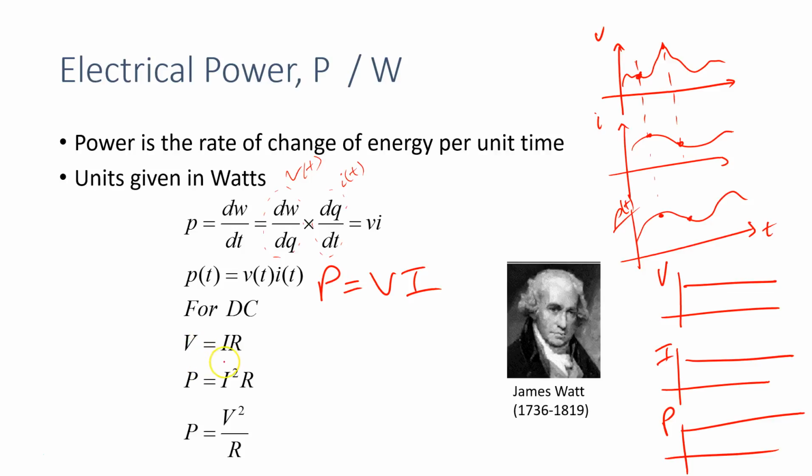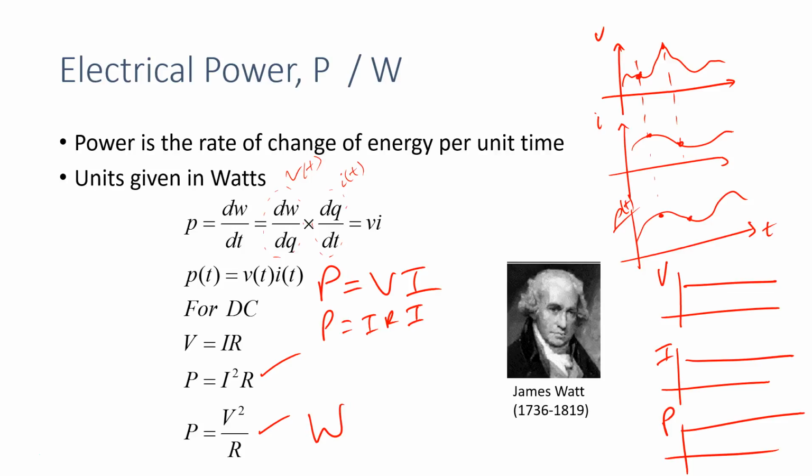Now we know already that V is equal to IR, so if we substitute for V, we get P is equal to IR by I, which gives us I squared R, or if I substitute for I we get V squared on R.